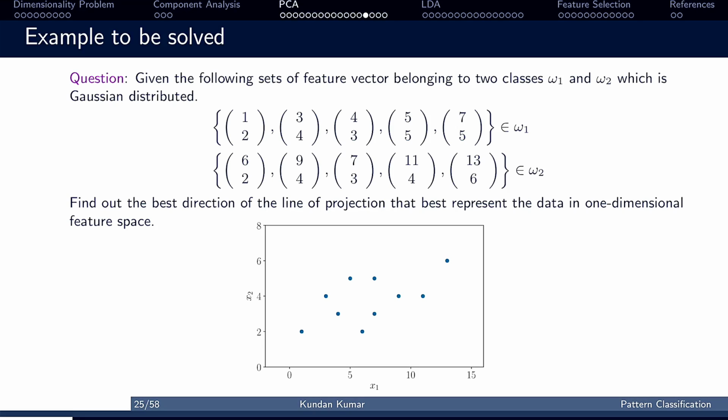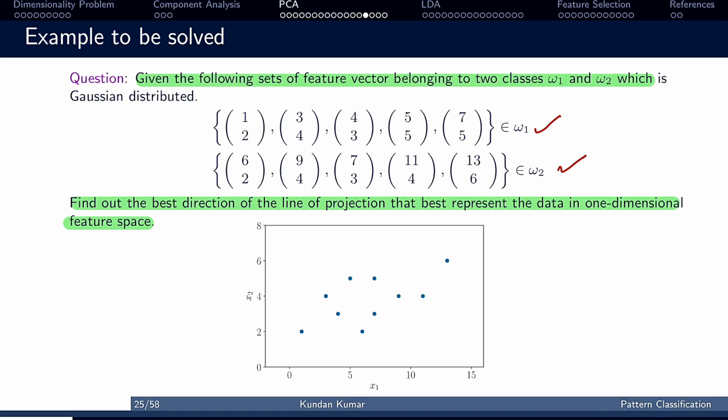Now, let us try to solve this problem. We are given the following set of feature vectors belonging to two classes omega 1 and omega 2, which are assumed to be Gaussian distributed. Then find the best direction of the line of projection that best represents the data in one-dimensional feature space.